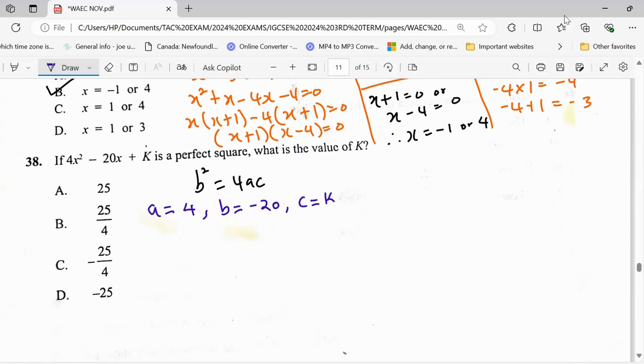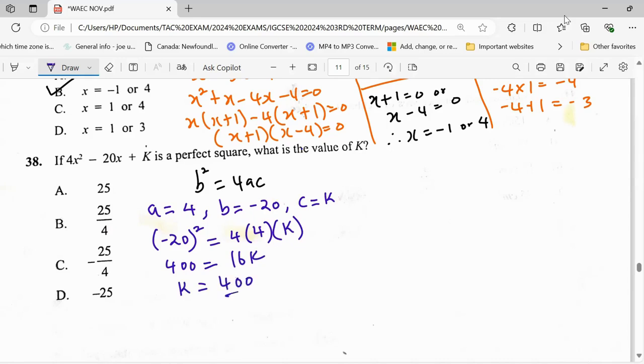So we now plug in everything here. We are going to have minus 20 squared equals 4 times 4 times k. That's 4ac. So this is 400 equals 16k. Divide both sides by 16.